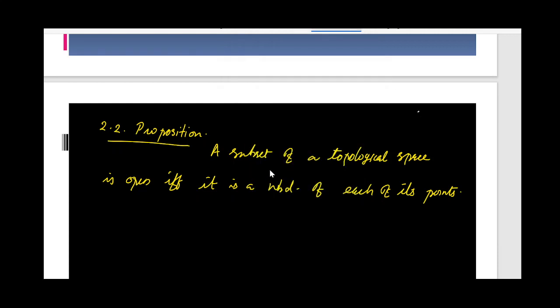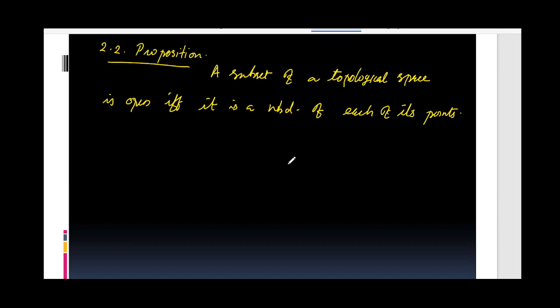That is, a subset of a topological space is open if and only if it is a neighborhood of each of its points. That means what this proposition says is, suppose you have got a topological space and you have got a set here.